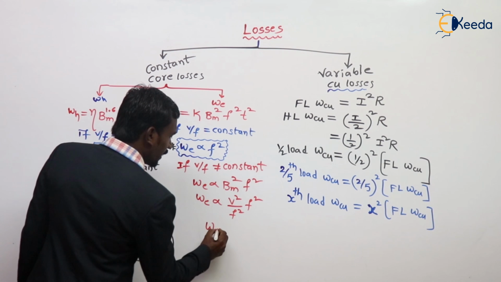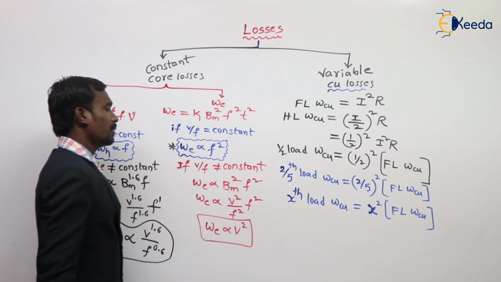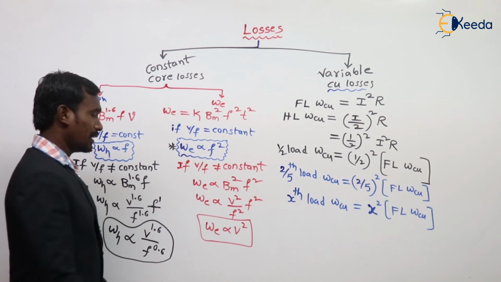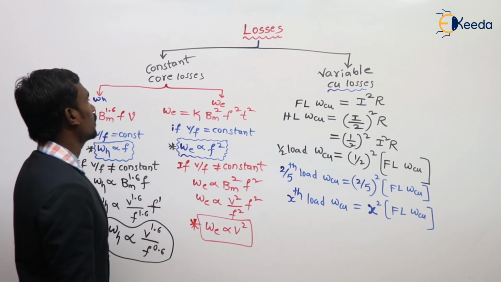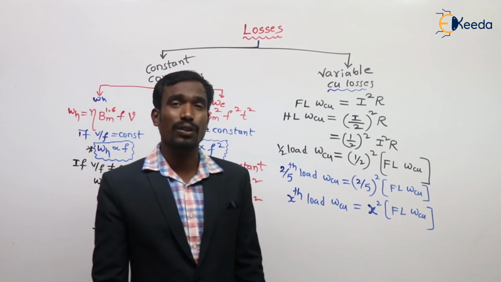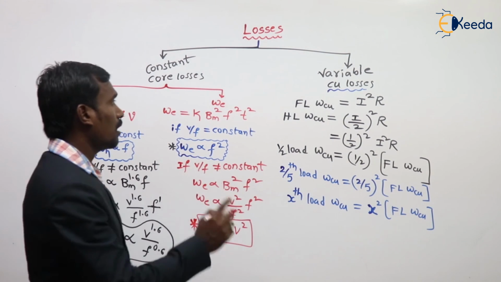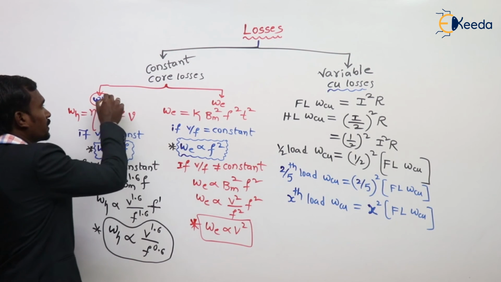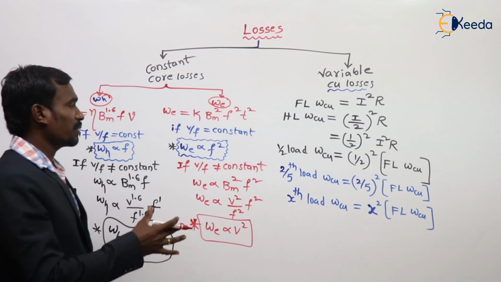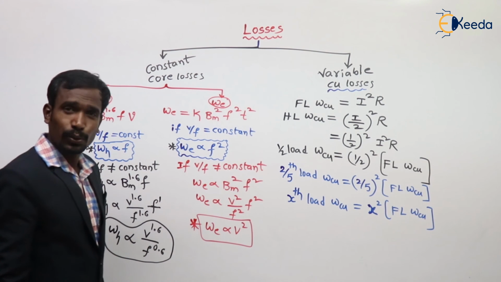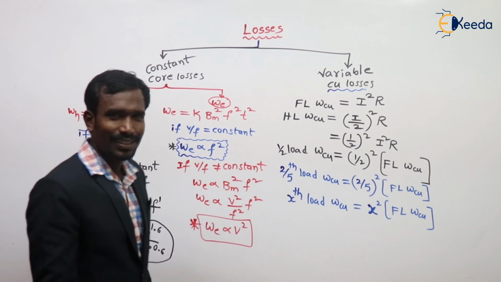So eddy current losses are directly proportional to V square, because F square cancels out. These are the losses in our transformer, which is very, very, very important: the copper losses, hysteresis losses and eddy current losses, and their formulae. Are you okay? This is very important, right? Thank you.